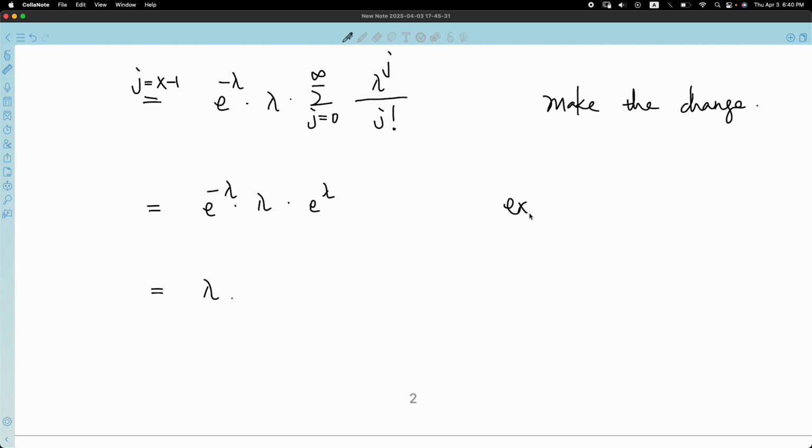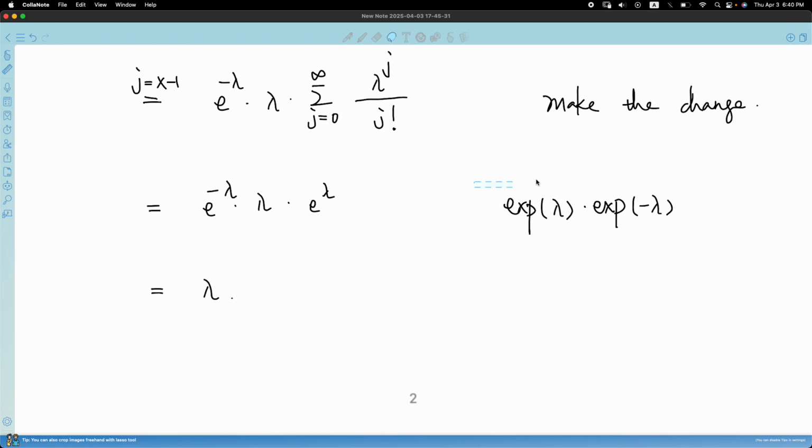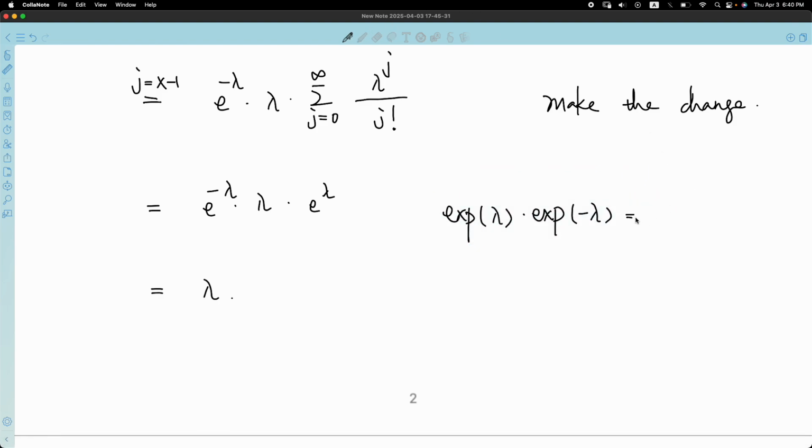Here is the thing I often forget, so let me also write it down. When you take the product of two exponential terms, it is the exponential of the sum inside.